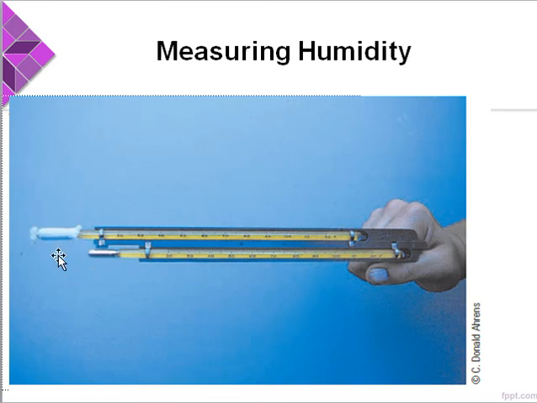A large depression indicates that a great deal of water can evaporate into the air and the relative humidity is low. A small depression indicates that little evaporation of water vapor is possible, so the air is close to saturation and the relative humidity is high. If there is no depression, the dry bulb, wet bulb and dew point are the same, and the air is saturated and the relative humidity is 100%.